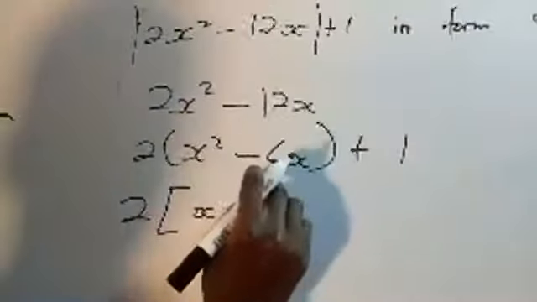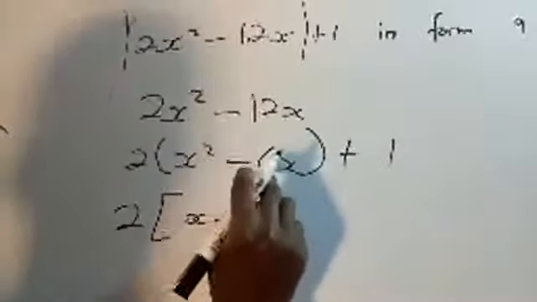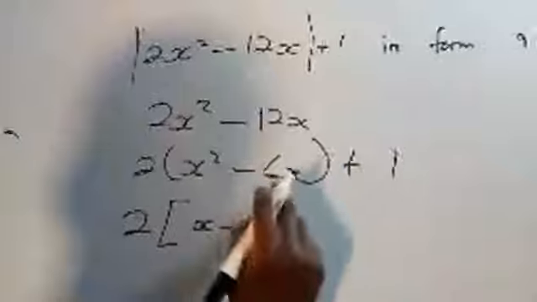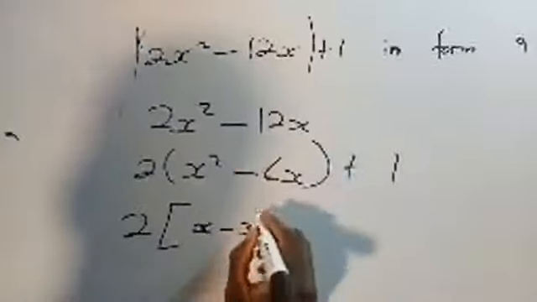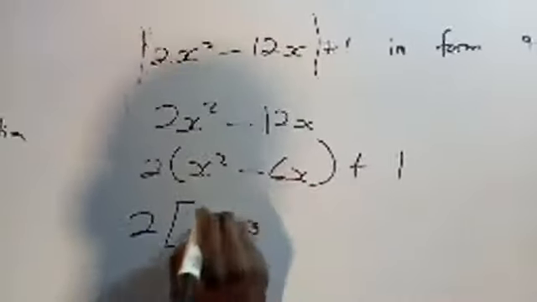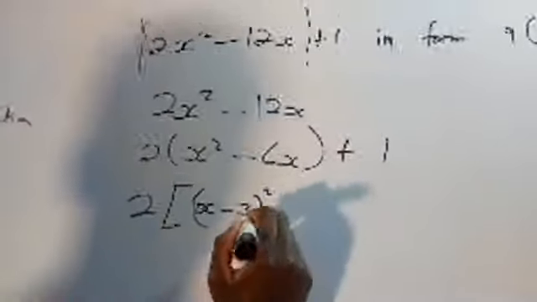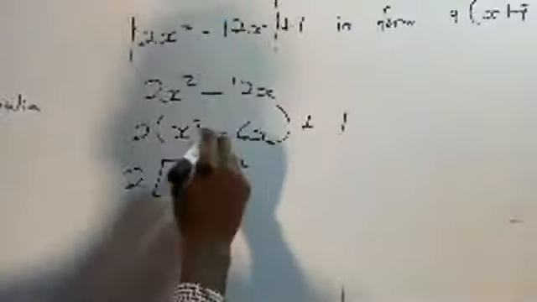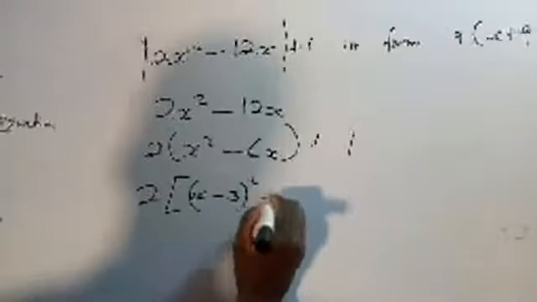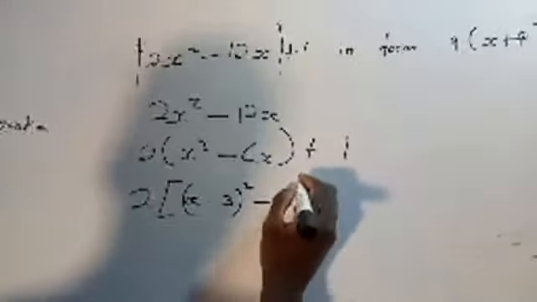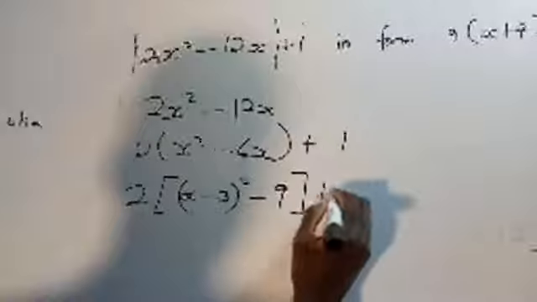When we have this, we shall get x minus 3 squared minus 9 in brackets, plus 1.